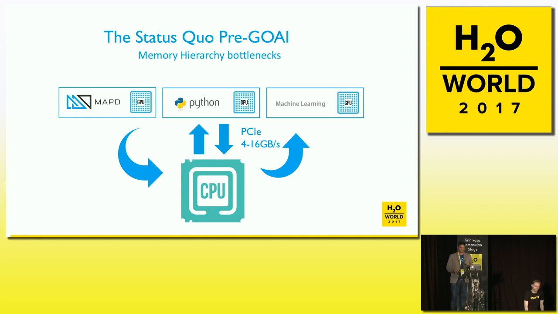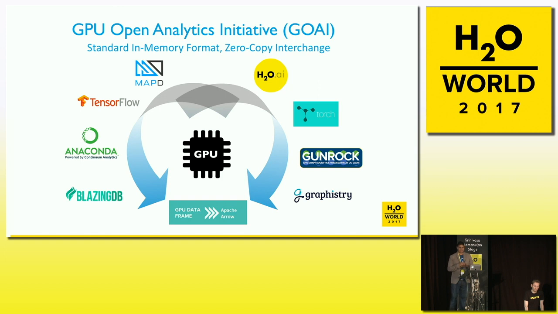This is the world before we started the Go.ai initiative, which was early this year, a project started by MapD, H2O.ai, and Anaconda. Other members have joined the consortium, like Gunrock, Graph History, BlazingDB, and then implementations on TensorFlow and PyTorch.